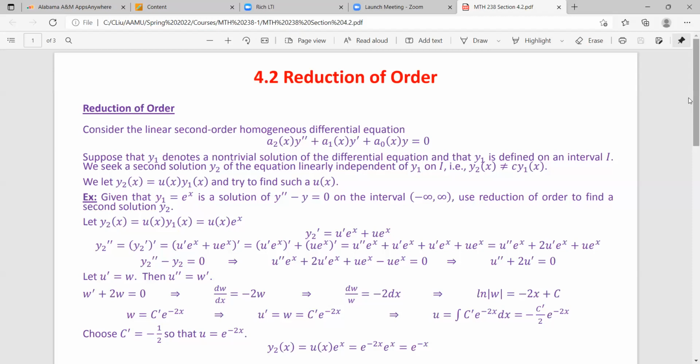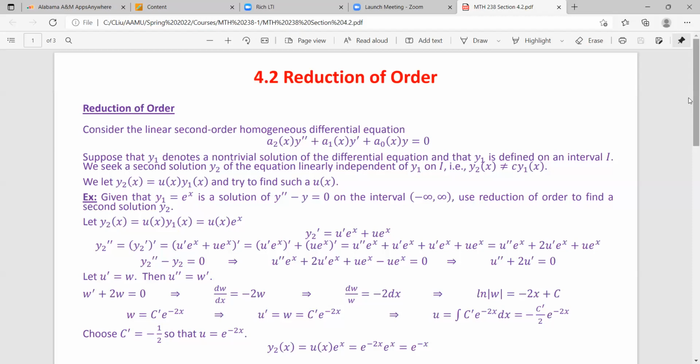Okay, so if we do it by separating variables, we can move 2w to the right, and it becomes negative 2w, and we can rewrite w prime as dw over dx, and then divide by w and multiply by dx on both sides. Then we're going to get dw over w equals negative 2 dx.